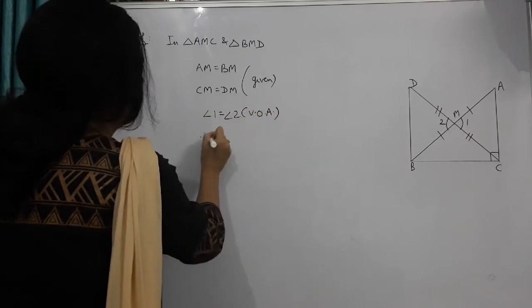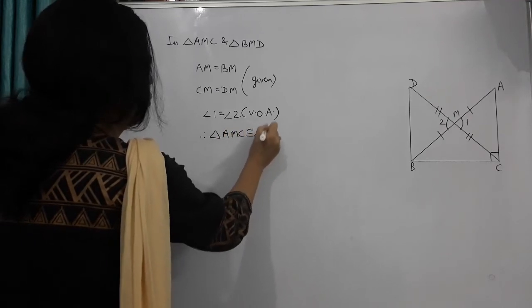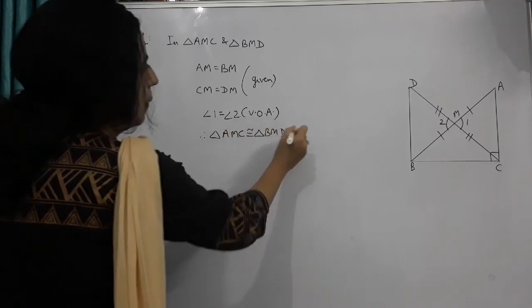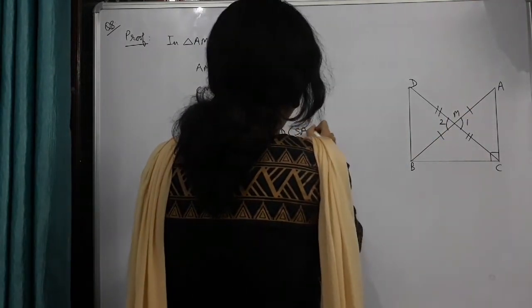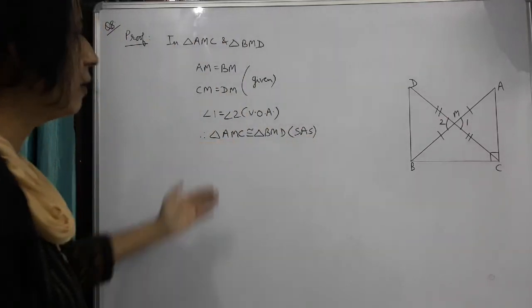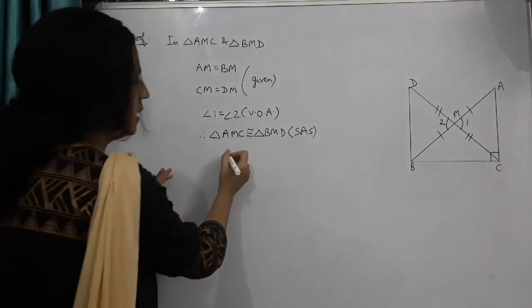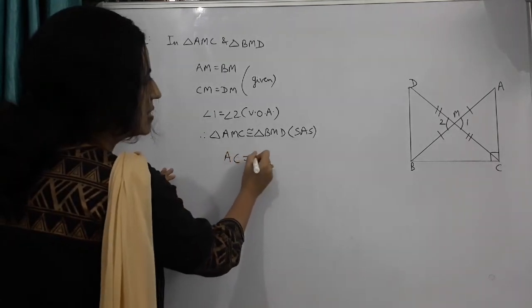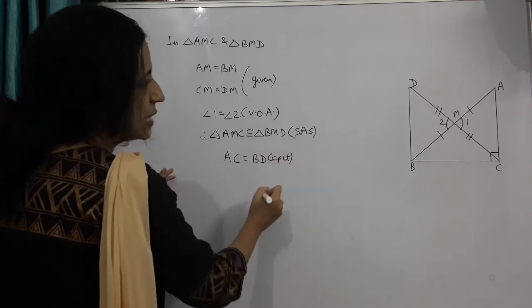So we can say that triangle AMC is congruent to triangle BMD by SAS criteria of congruence. And if the triangles are congruent, then by CPCT we can say that AC is equal to BD. This is what we obtain by CPCT.